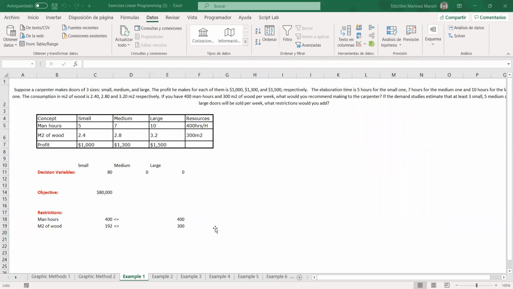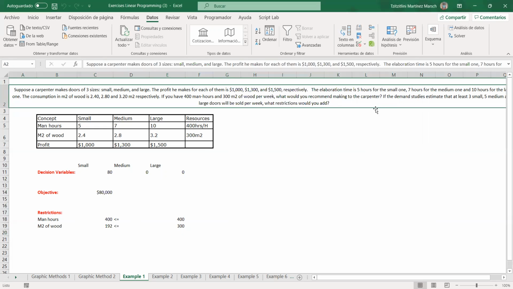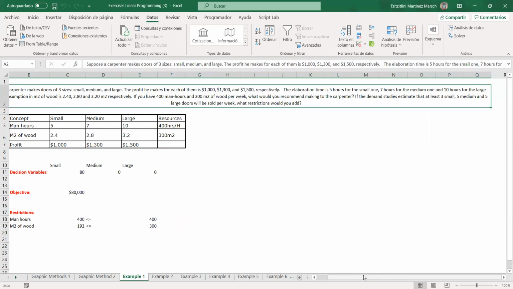So now it says I need to make 80 small doors, no medium, no large. But let's look at the next part. It says the demand studies say you need at least 3 small, 5 medium, 5 large.